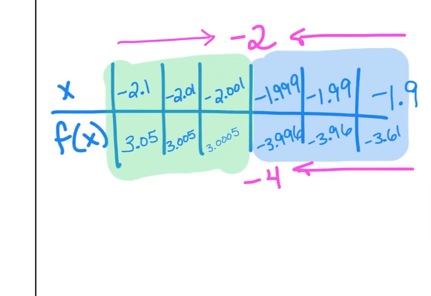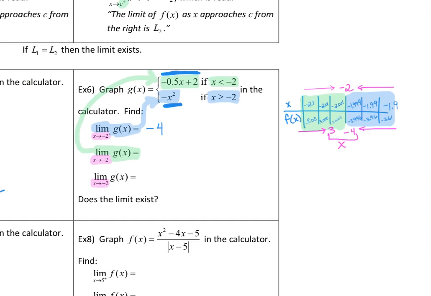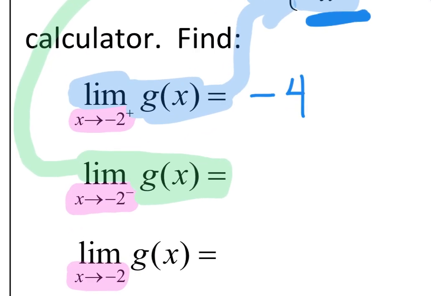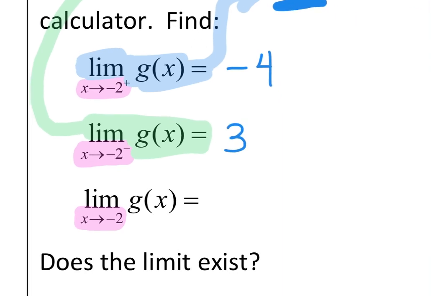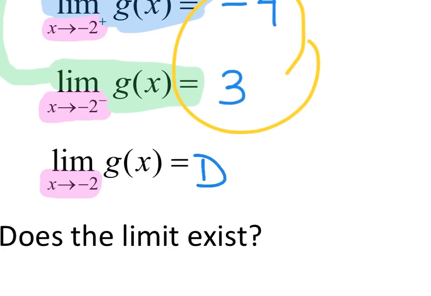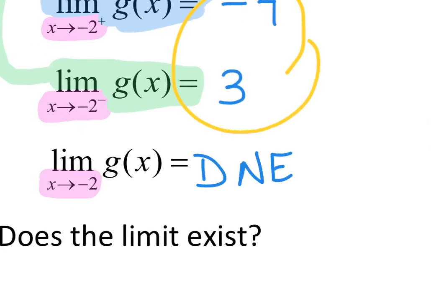So as x approaches -2 from the left, we see that the y values approach +3. And so there's no agreement here. So my answer as we approach -2 from the left is going to be +3, but because those two answers are different, your limit is going to be does not exist.